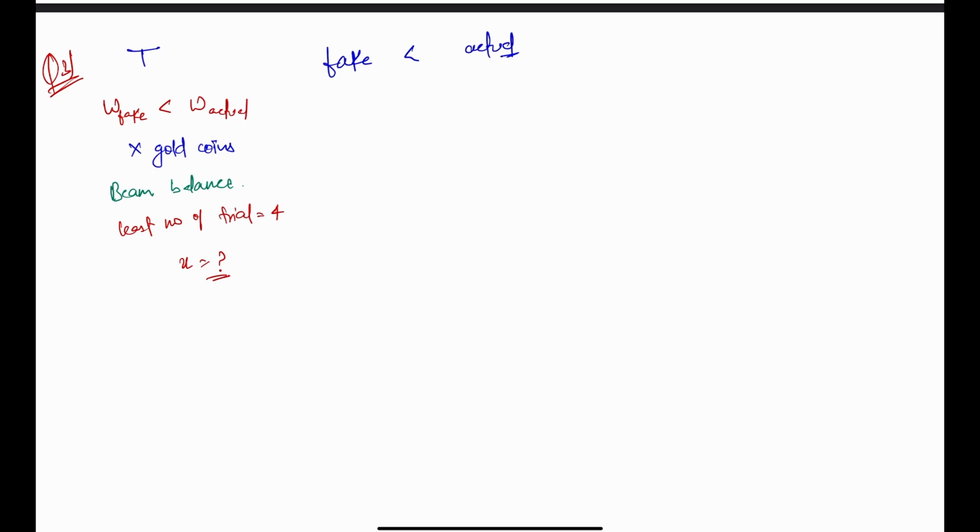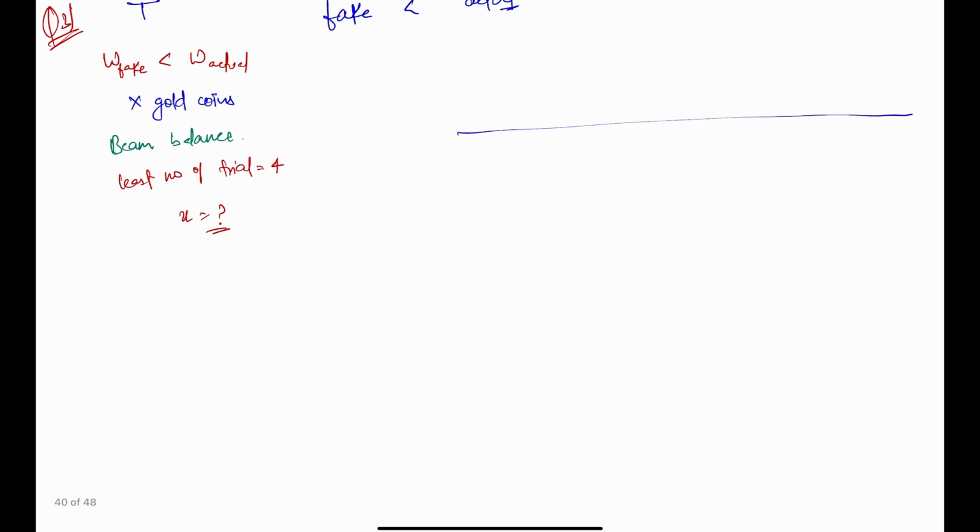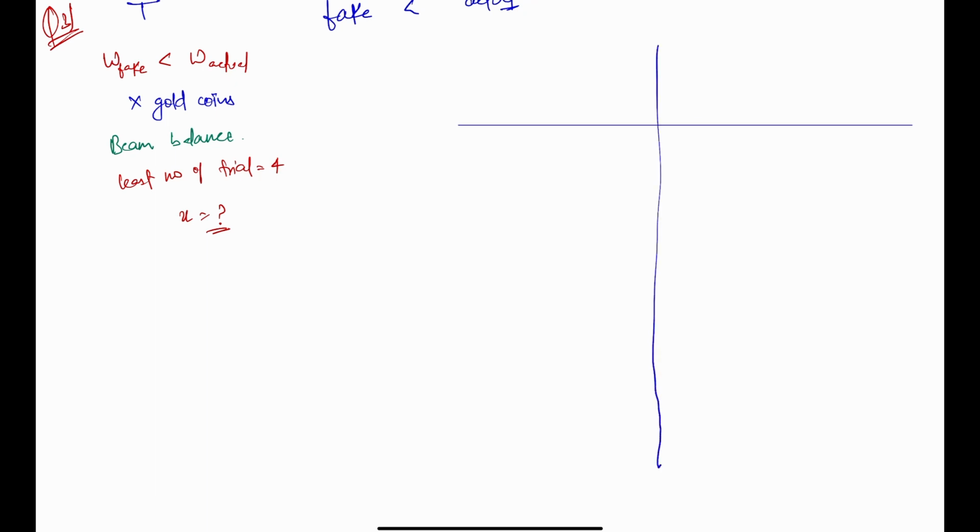So what we have to do, let's make a small table, and right over here is the number of weighings, and let's write here the number of coins.